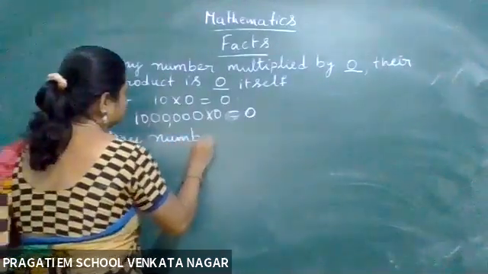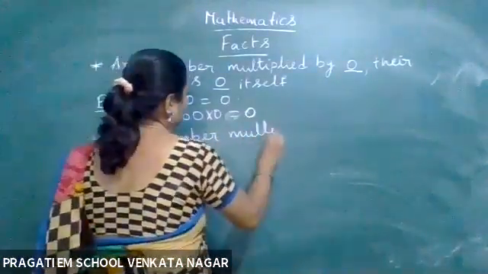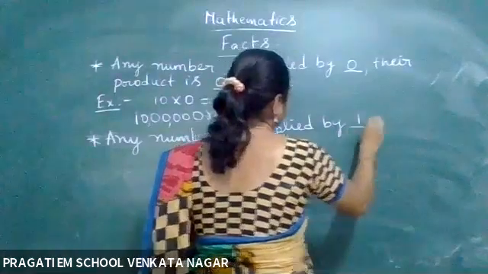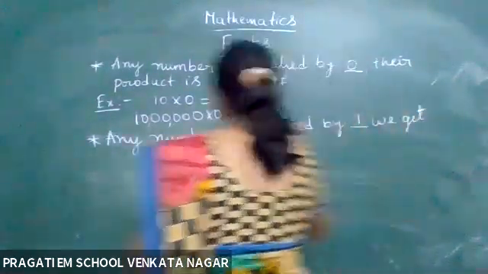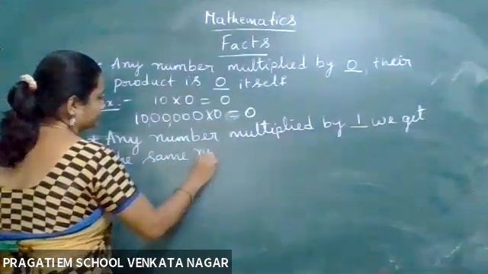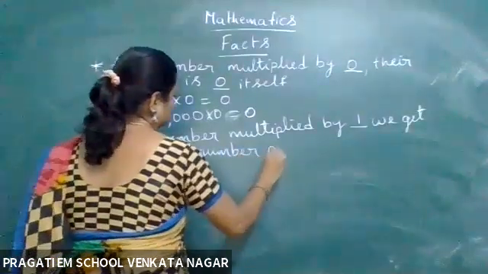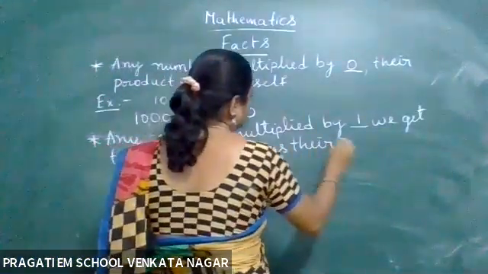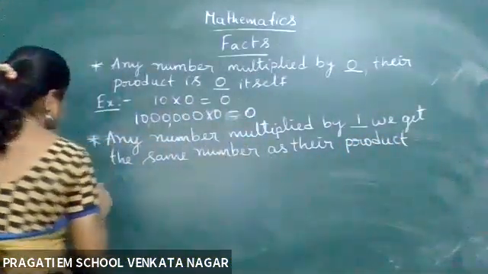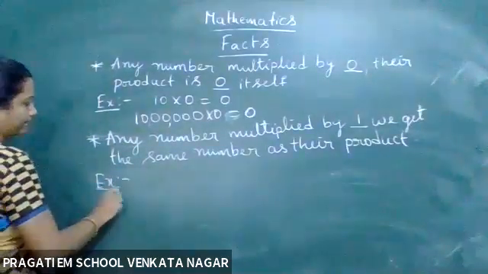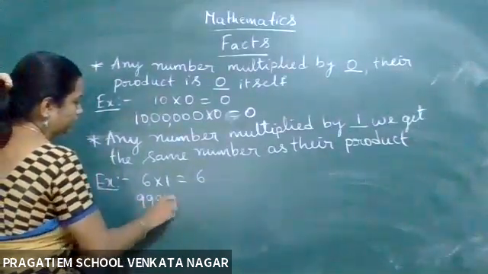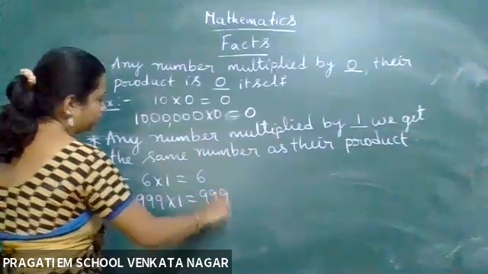Any number multiplied by 1, we get the same number as a product. For example, 6 multiplied by 1, we get 6 itself. 999 multiplied by 1, we get 999 itself.